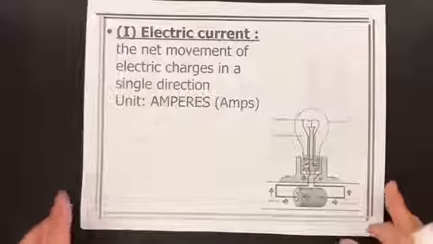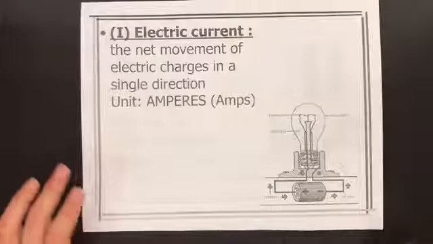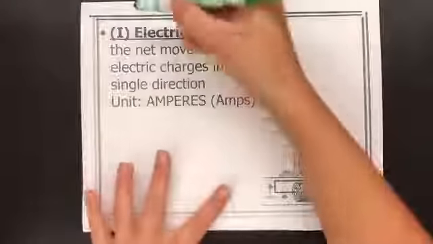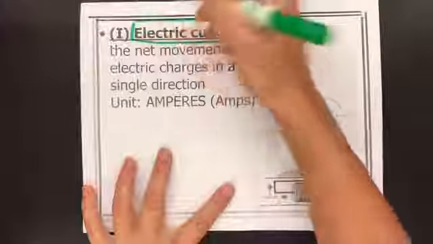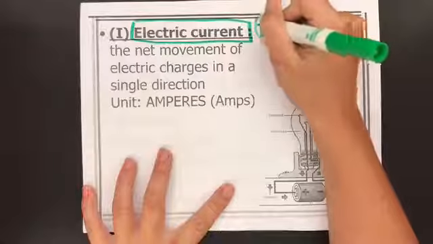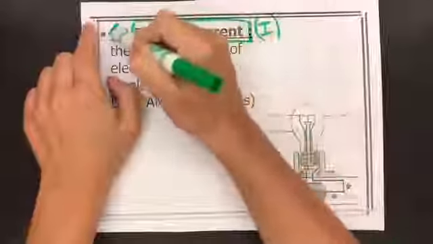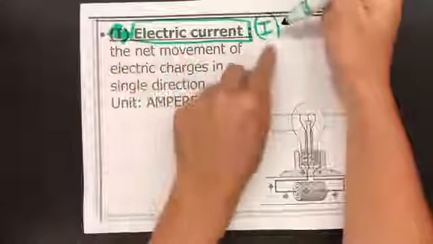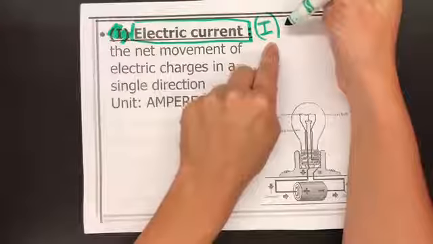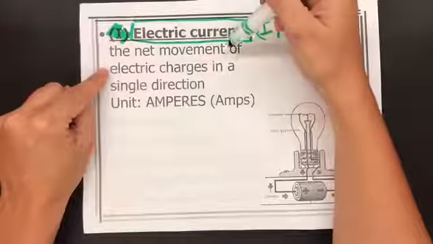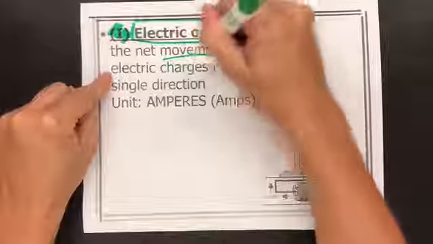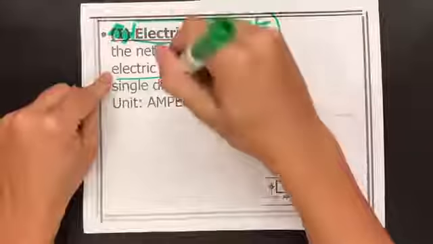Okay, now we're going to slowly get into our math here. Again, a lot of vocab. Electric current is the letter I. This is going to be important when we get into the math. Current is I. This is the net movement, the movement of electric charges in a single direction.